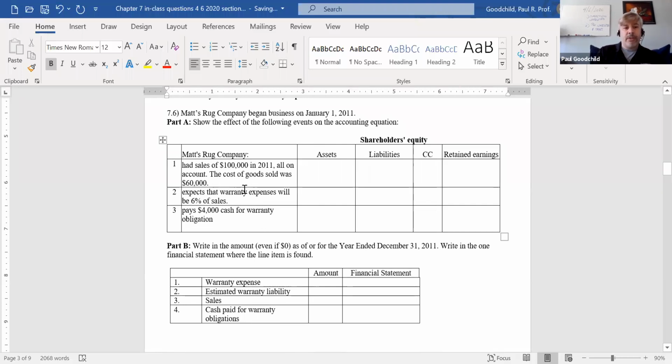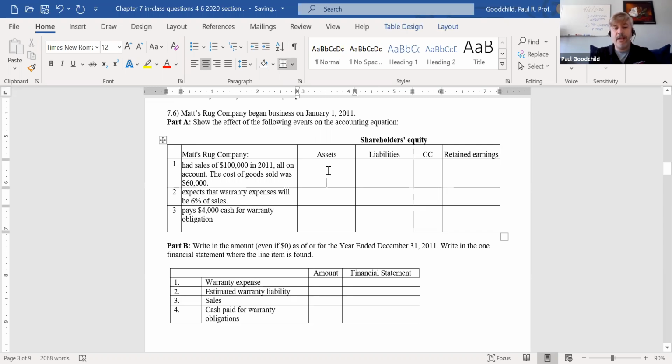All right, jumping into our next question. This is Matt's Rug Company, and we just want to show the effect of the following events in the accounting equation. Had sales of 100,000 in 2011, all on account. The cost of goods sold was 60,000.